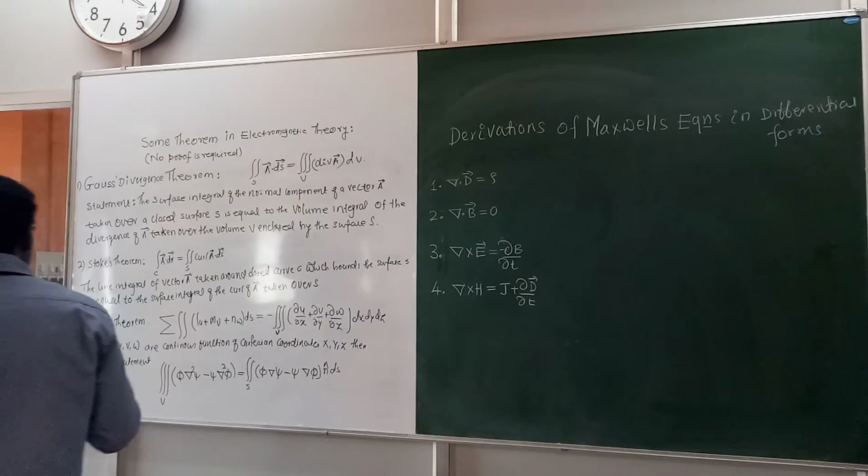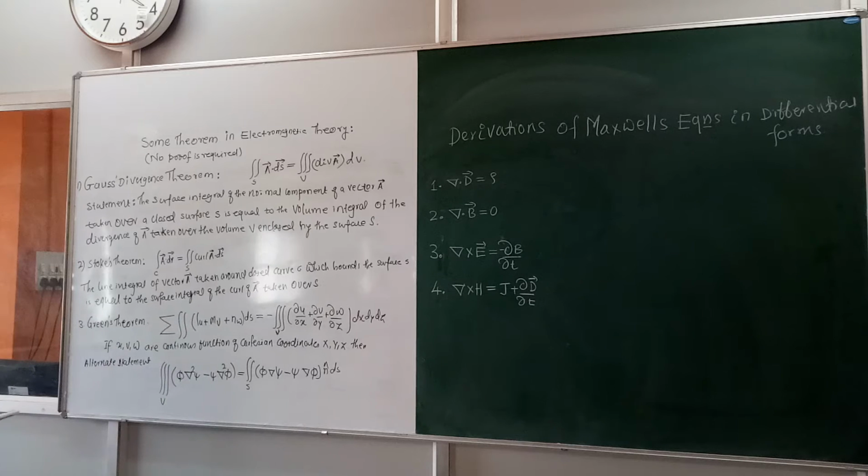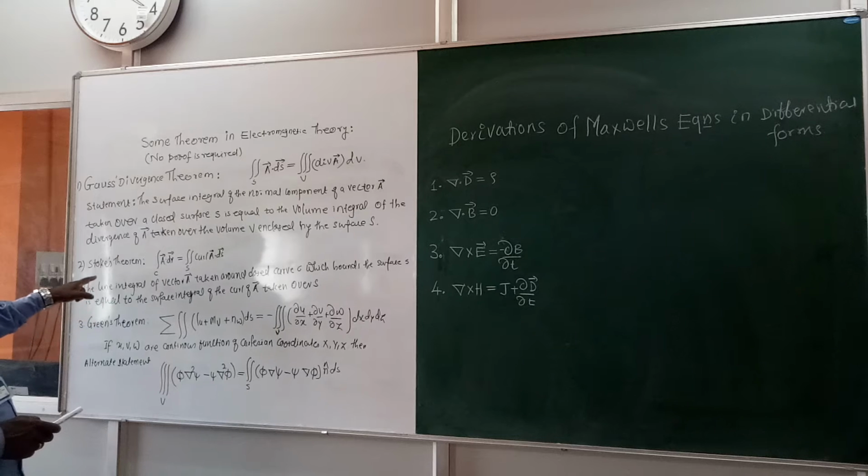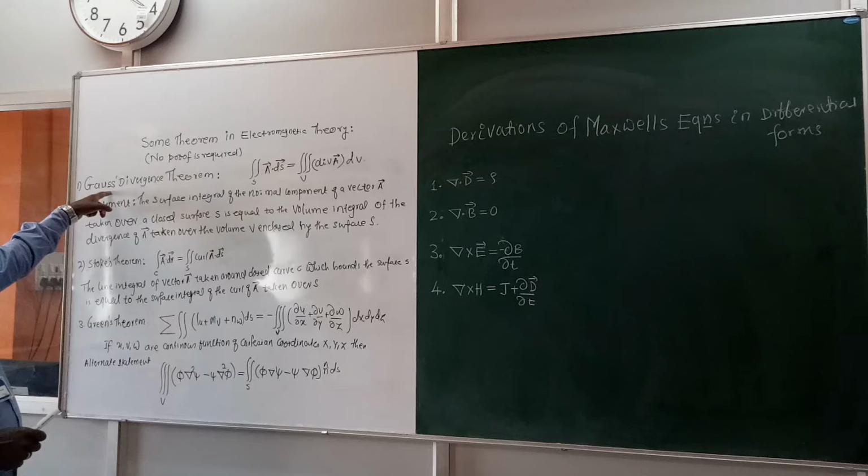Still, we need them here and we are discussing them. We have three theorems without any proof: Gauss divergence theorem, Stokes theorem and Green's theorem. In fact, Green's theorem is a corollary of Gauss divergence theorem.